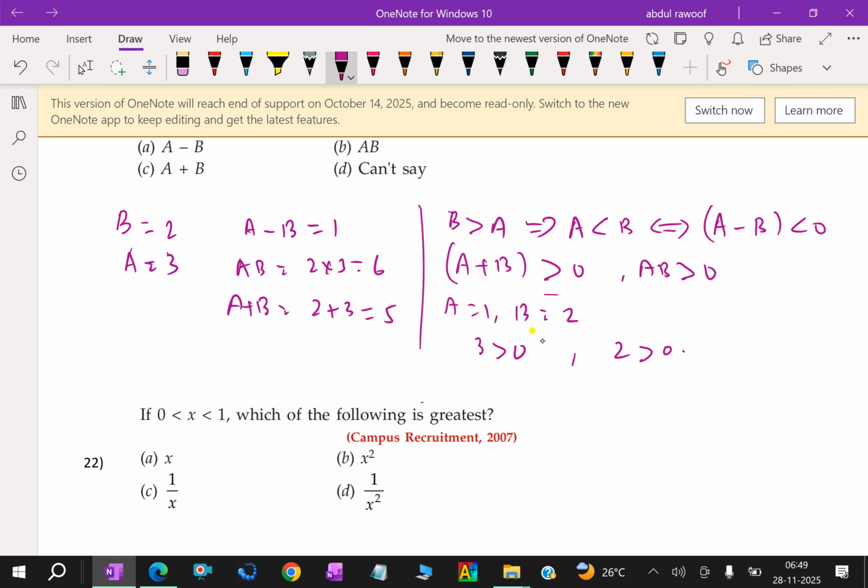If a is 2, b is 3, then a plus b is 2 plus 3 is 5, but ab is 6. So here ab is greater.